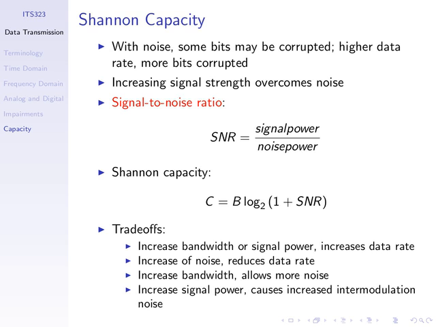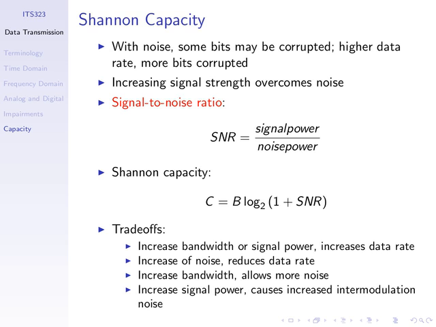What's the log of 8.5? 3 point something. You need your calculator to get the right answer. But we know the log of 8 is 3. So it's approximately 30 megabits per second. It's a bit more.